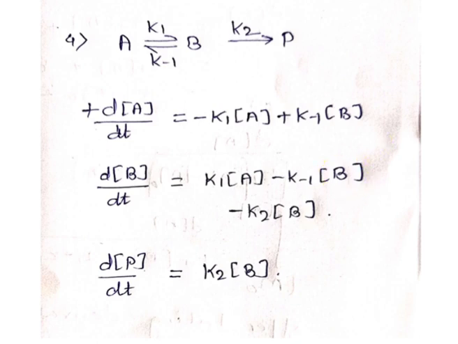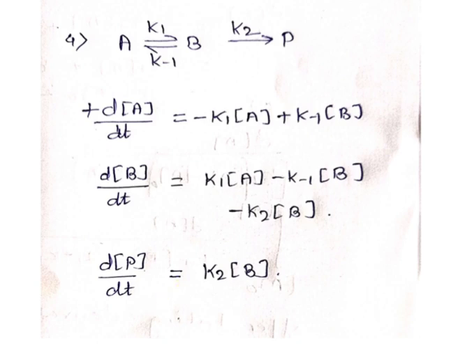B is involved in three steps, that's why. B gives product. This is the third step. Here B goes on decreasing to form a product. Decreases, that's why minus symbol. Rate is K2, and which species is going to decrease? It is B. So minus K2 into concentration of B. So this is the equation: dB by dt is equal to K1 into concentration of A minus K-1 into concentration of B minus K2 into concentration of B. This is our intermediate, and the last step is dP by dt.